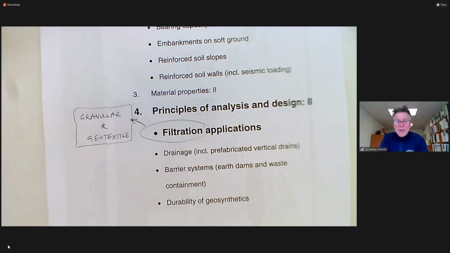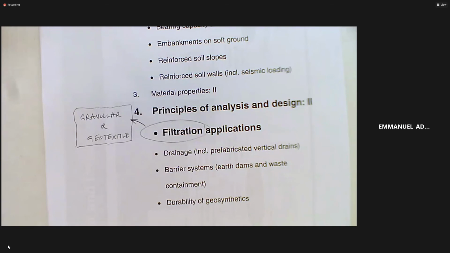And finally, Emmanuel, do you have any experience that you'd like to share with us? Well, we don't use geotextile in Nigeria to a certain extent. We use Godula a lot, but I've not been involved in one personally. But we use Godula, not geotextile.